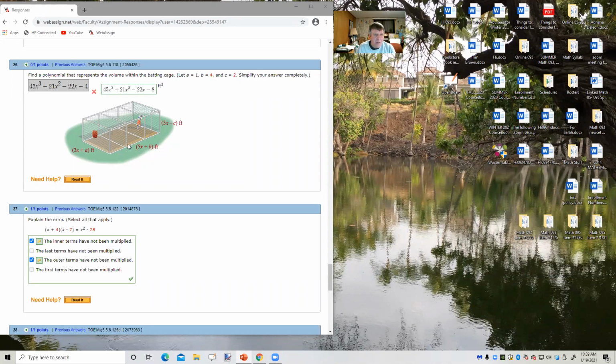This will be the width, which is 3x plus a, but a is 1, so the width is 3x plus 1 feet. And finally, the height, 3x minus c feet, where c is 2, so the height would be 3x minus 2 feet. So the length is 5x plus 4 feet, the width is 3x plus 1 feet, and the height is 3x minus 2 feet.